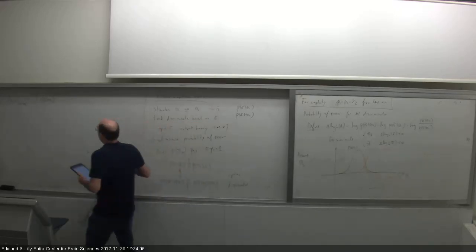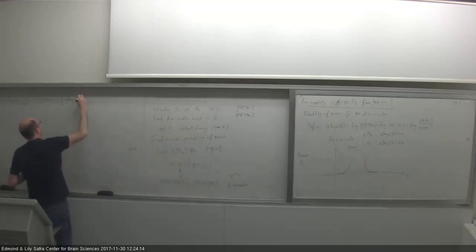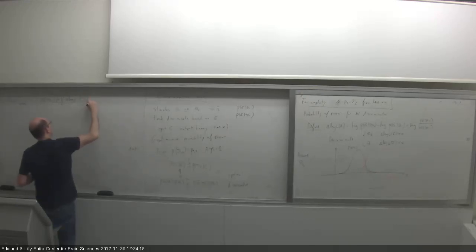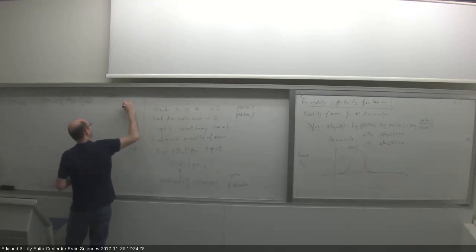So I can write this as the Heaviside theta function of minus delta log L of R, where the Heaviside theta function is simply the function which is 1 when x is larger than 0 and 0 when x is smaller than 0, right?